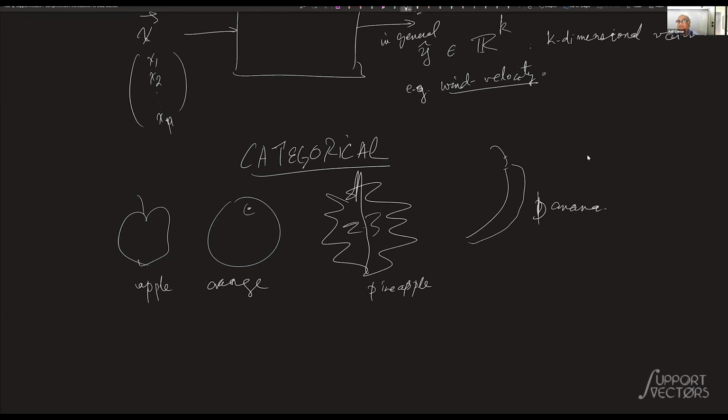Your job is to look at the weight, the size, everything, and predict which fruit it is. This is not an example of regression, is it? You can't say that apple is for any reason more than orange.